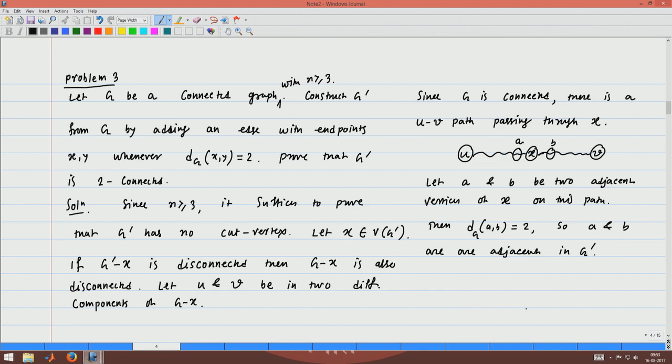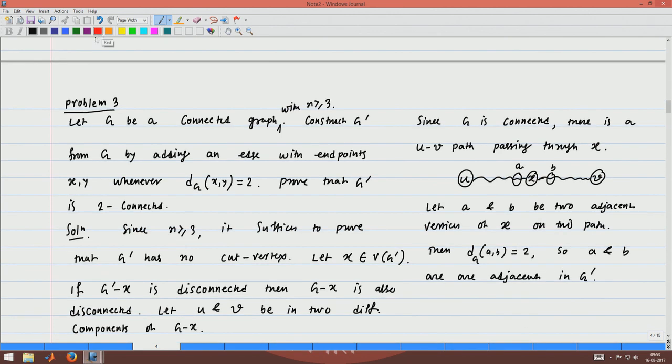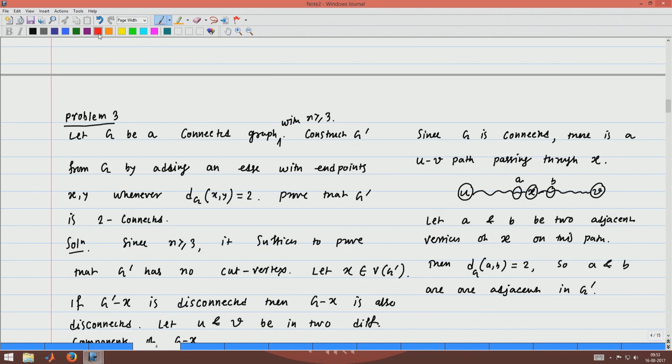So, in G prime, these two will be adjacent.